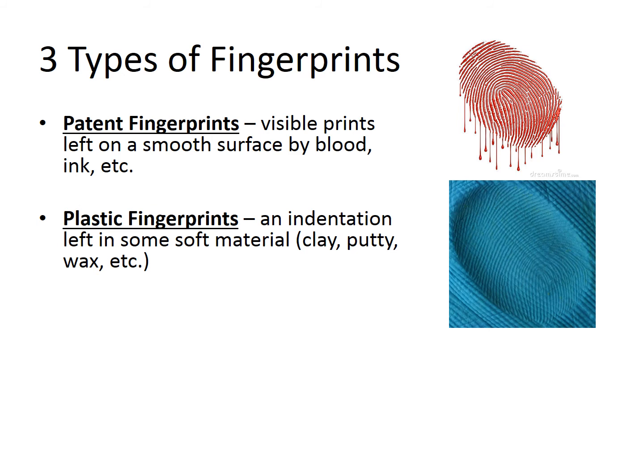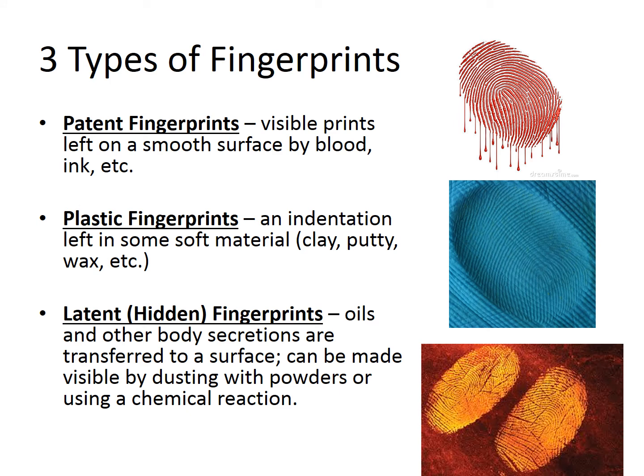And then, most commonly when we think about fingerprints, it's latent fingerprints. These are those oils that we talked about, the secretions from the friction ridges, being transferred to some other surface, which we can then make visible by either dusting them with powders or using some sort of chemical reaction.